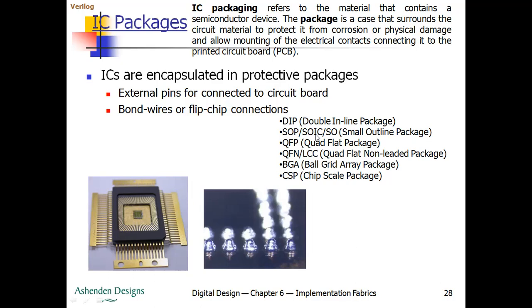As you can see here, I can have DIP, dual in-line package, or SOP, small outline package, or QFP, quad flat package, or QFN, quad flat non-leaded package, or BGA, ball grid array package, and CSP, chip scale package.